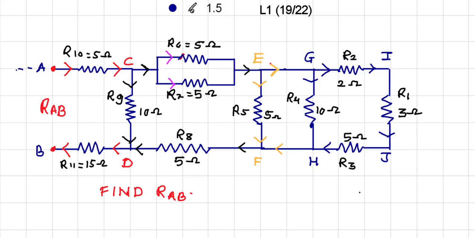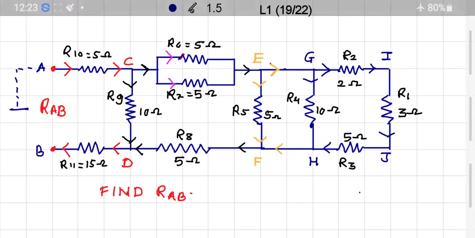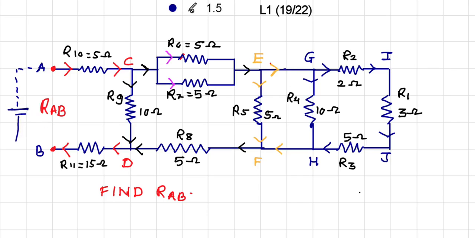Let us consider we are going to connect a battery here. But now the question is, what will be the amount of current flowing through this, that is I, when this kind of network is given between terminal A and B.